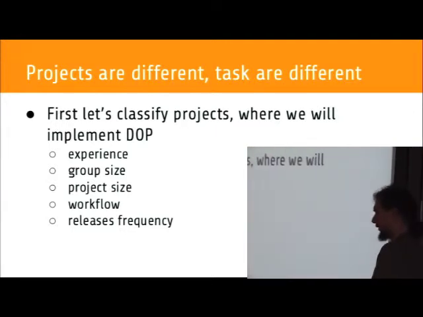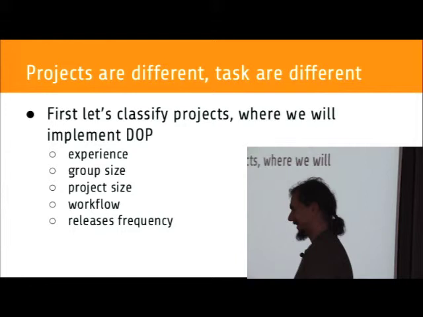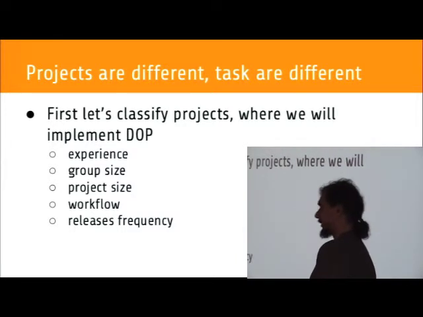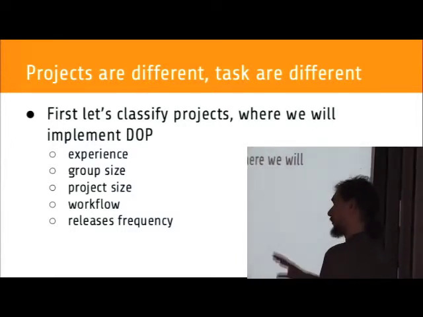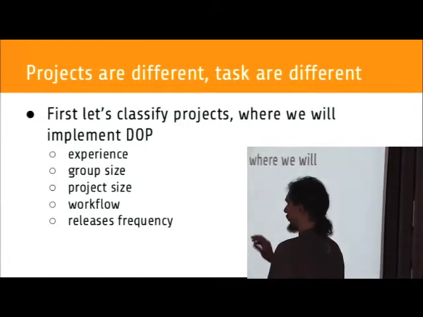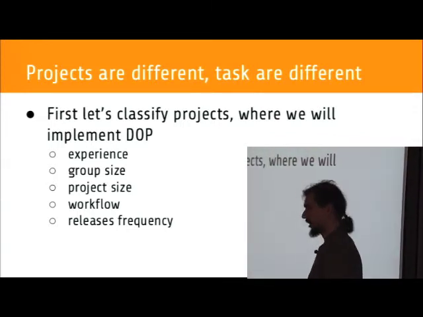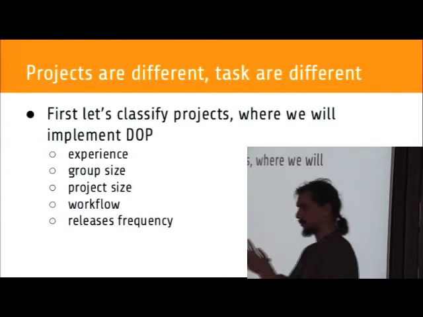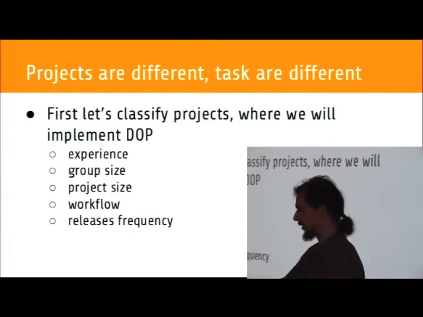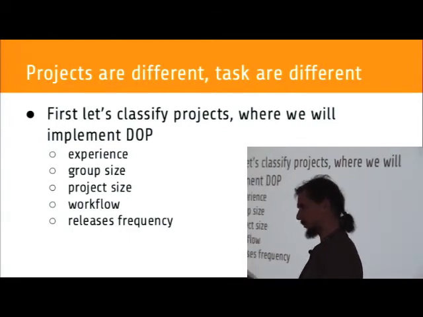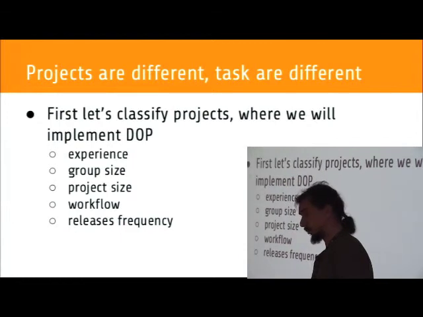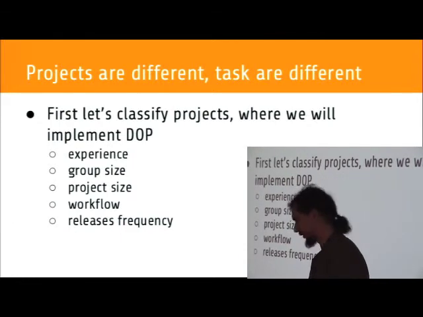Projects are different and tasks are different. To understand which design patterns I should use in this situation, I need to look at the object of implementation in our project. And the projects could be different.